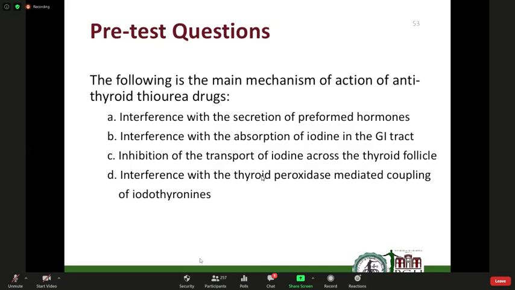It's actually the inhibition, not the transport, not the symporter. The symporter is inhibited by the inorganic anions, like I said. So it's actually inhibition of the thyroid peroxidase mediated steps of coupling of iodine to the tyrosine residues and the coupling of the mono and the diiodotyrosine.